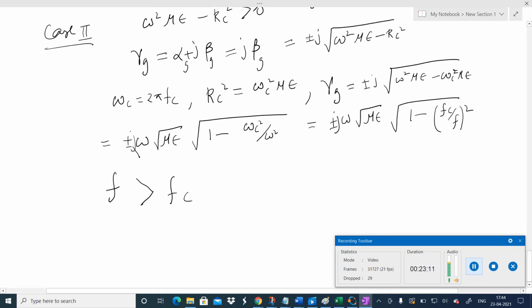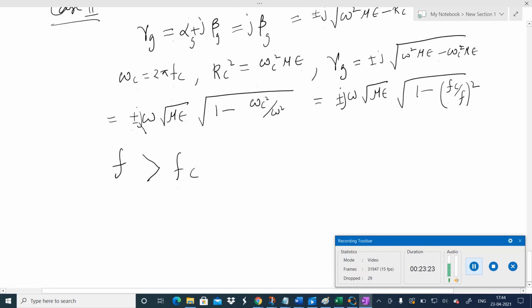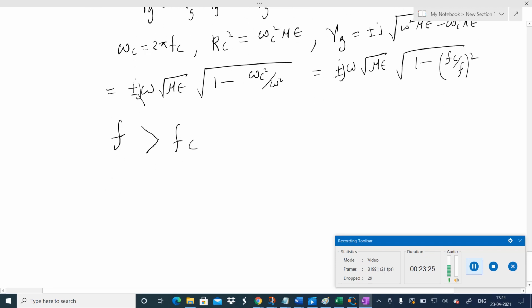We want gamma g to be imaginary, remember, because we want gamma g square to be negative. A number will be negative only if its square root is imaginary. For that we want this condition. So this is the notion of cutoff frequency. f must be greater than fc. If you transmit any electromagnetic wave via a waveguide, it is not necessarily transmitted unless your frequency is above the cutoff frequency.